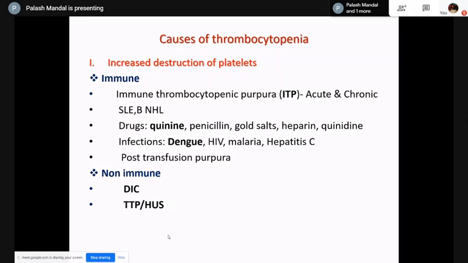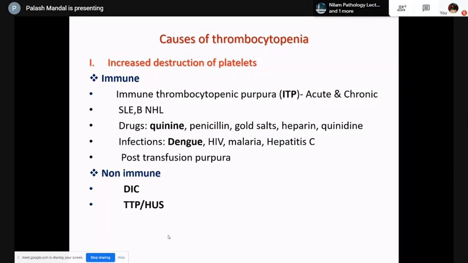Now coming to causes of thrombocytopenia. Thrombocytopenia means reduction in the number of platelets, and we have already discussed the important mechanisms. We will divide these and find out what is leading to each of them.